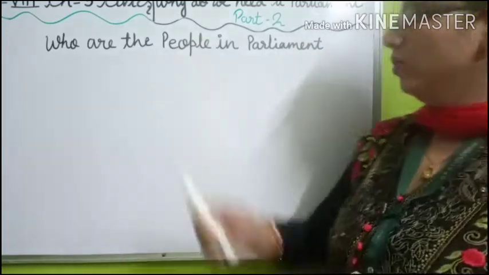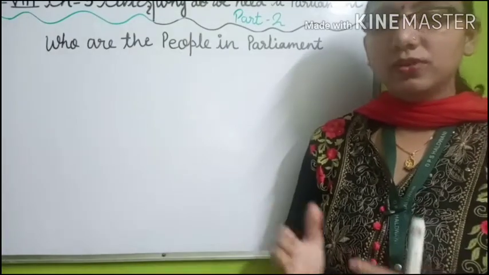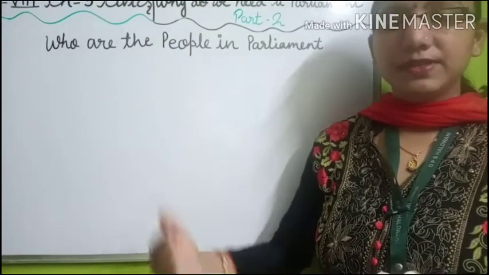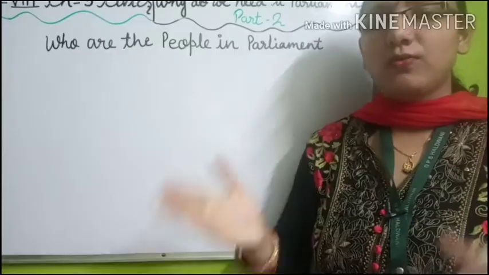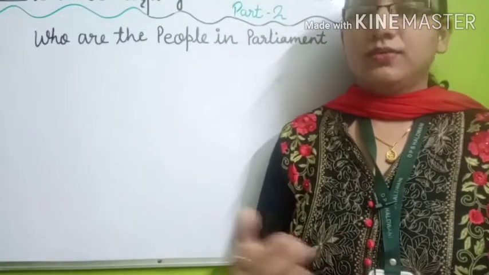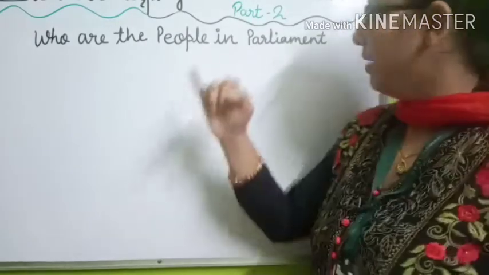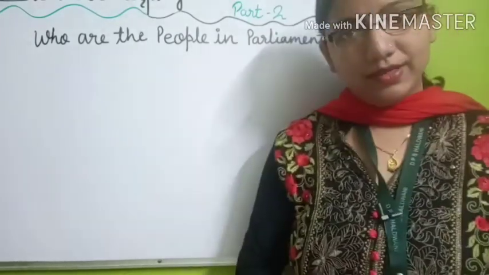So who are the people in parliament? What we can say, those can represent the problems of the society and they are elected from the society. They can be the member of parliament.